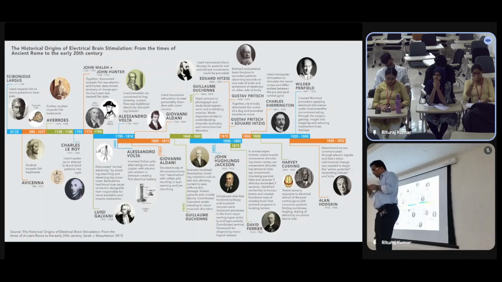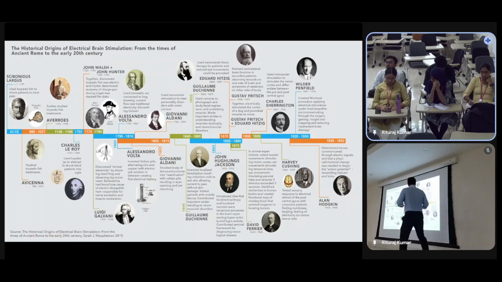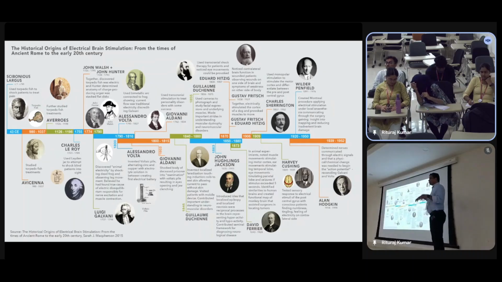And he used to test different parts of the brain whether they're working or not. And to test, he used to send a small current. And while doing so, he was able to see different parts of the body moving when he stimulated different parts of the brain. So he developed a map called the homunculus map, which became very popular.